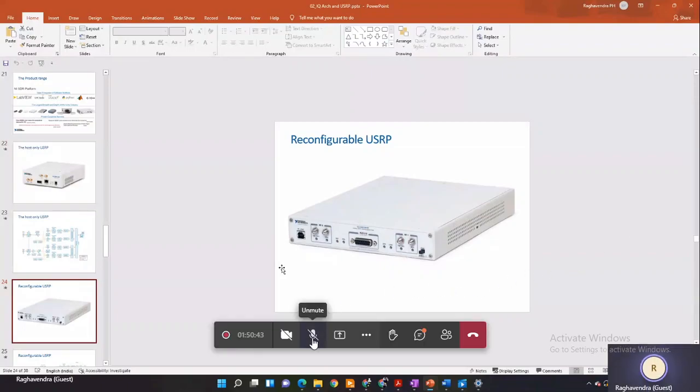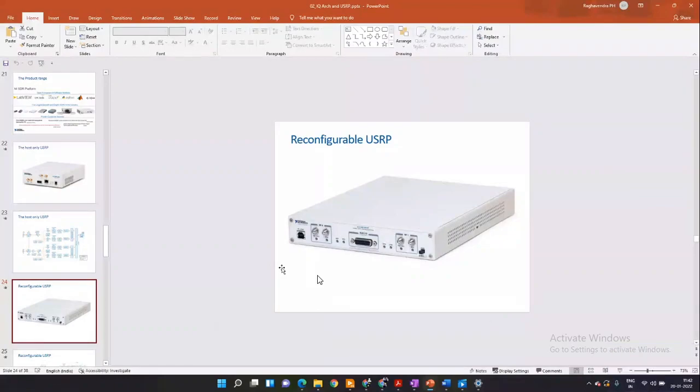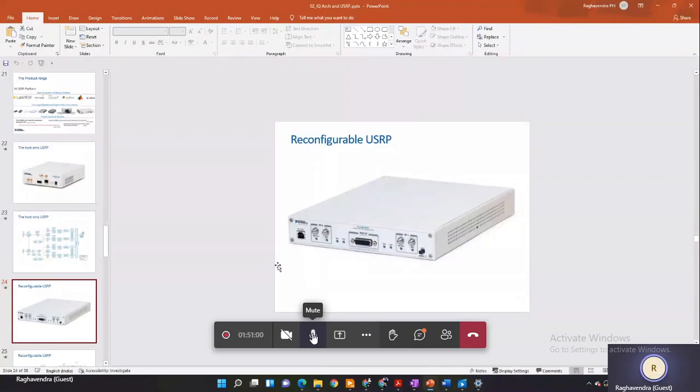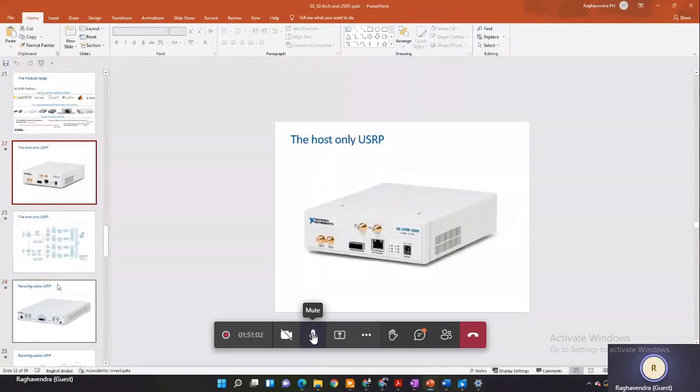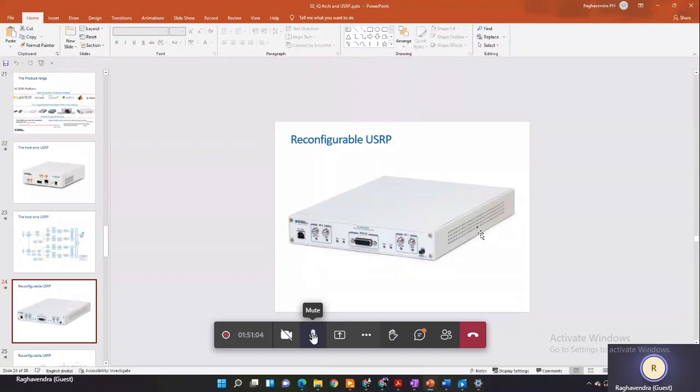But PCIe usually has higher bandwidths, like the speed that you can send in the cable is much higher. So all that will be possible only with PCIe cables; Ethernet cables won't be able to do that. You're right. 100 was just a theoretical number that I gave.